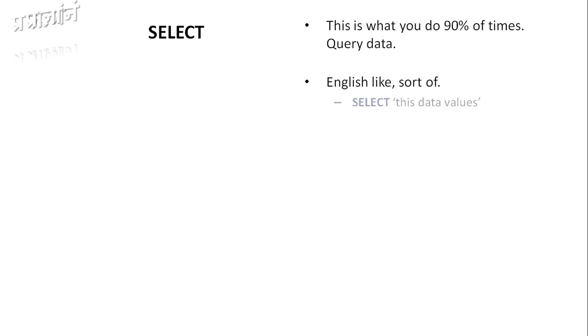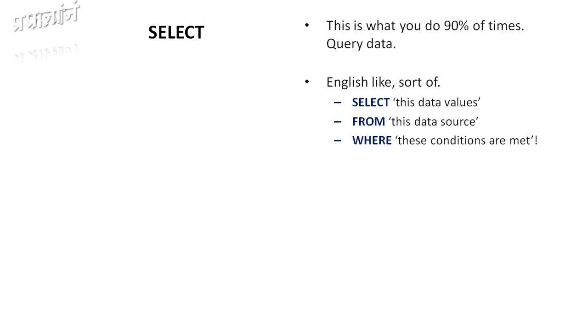Okay, so the structure of the select statement, as we call it in SQL, or the select query, is this: select, from, where. These are the main three words you're going to write in your query, which is understood by SQL Server, and it will return you the data.